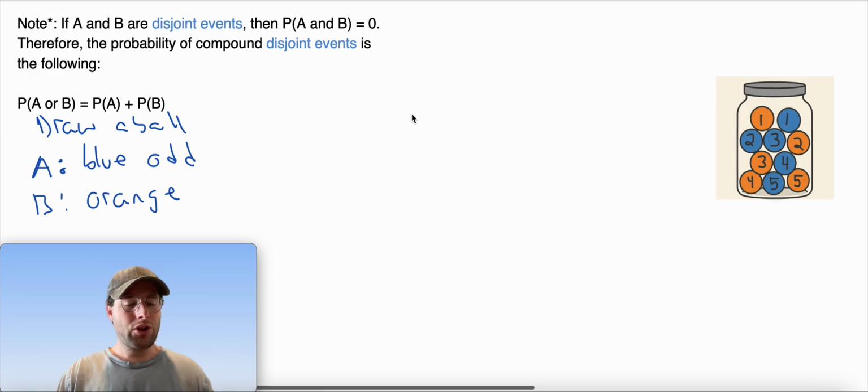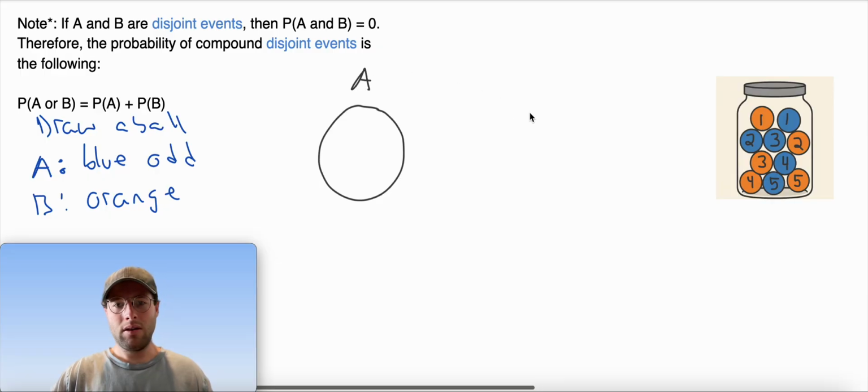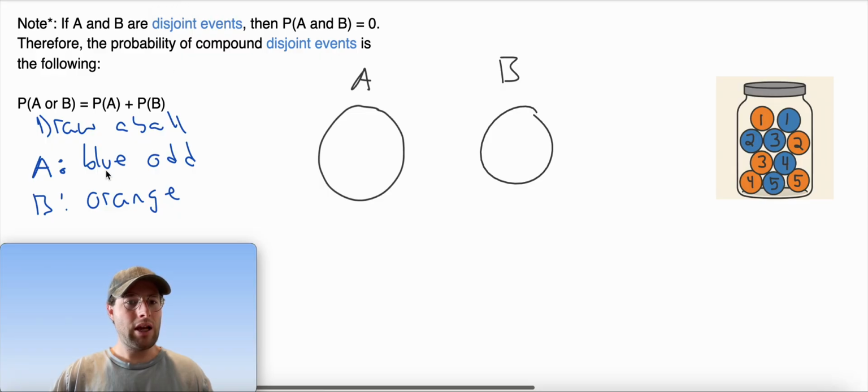Okay, so let's draw a little Venn diagram here. So A, B, and then inside of them, a blue odd. So that's going to be 1, 3, and 5. And then an orange one, well, that's going to be 1, 2, 3, 4, and 5.